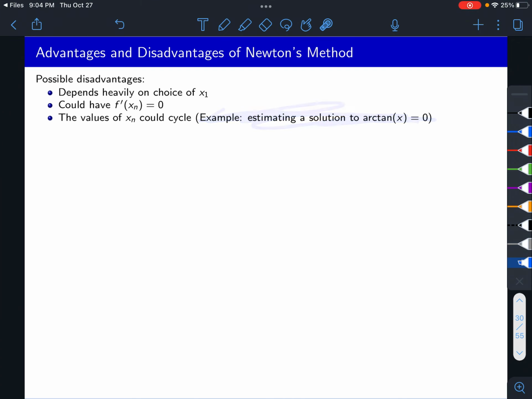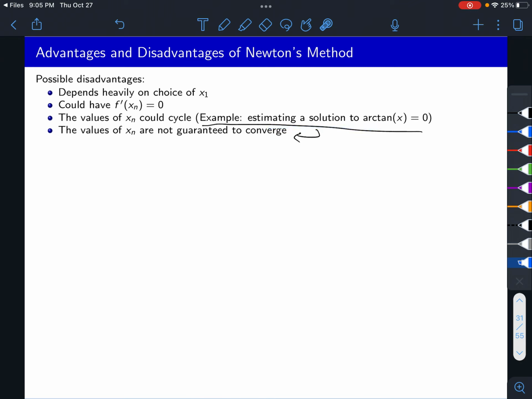It could also cycle between 1, 2, and 3, or 4, 5, and 6, or 1, 7, and -2, and 13, whatever, just any number of numbers. It could just cycle through them in some repeating pattern. And the values of your approximations are not guaranteed to converge. This is where this was supposed to go. Pretend that this went on to this slide right here.